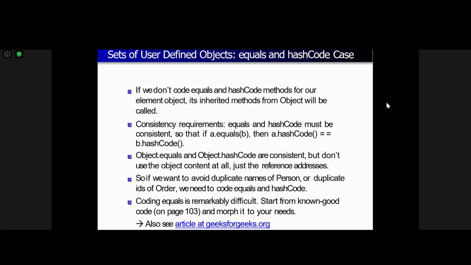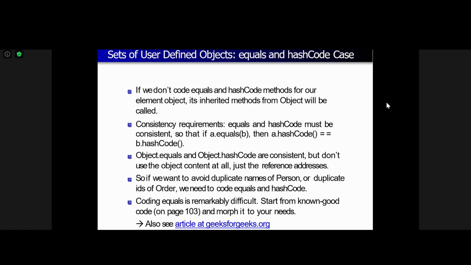So that's what I hear. If we want to avoid duplicate names of Person, or duplicate IDs of Order or BankAccount, we need to code equals and hashCode. This is sort of a pain, but something you need to know to do this right.